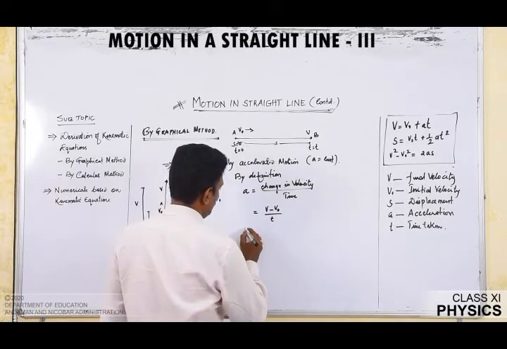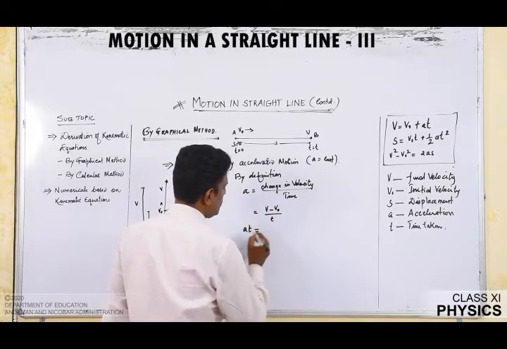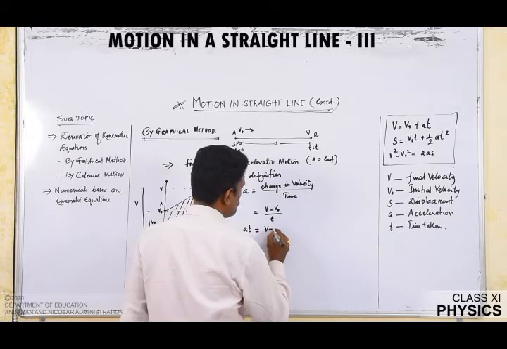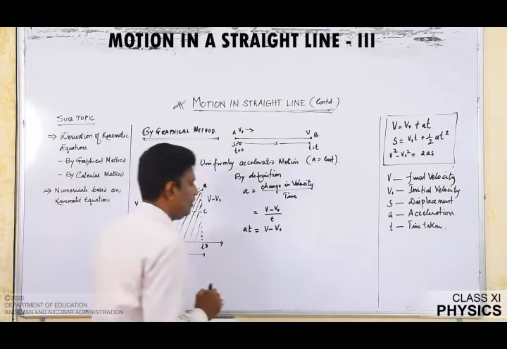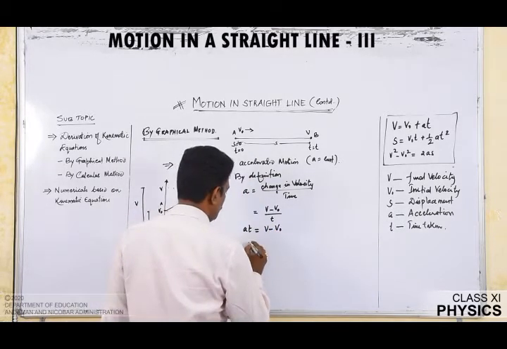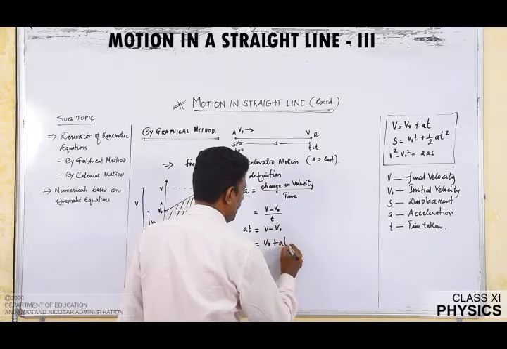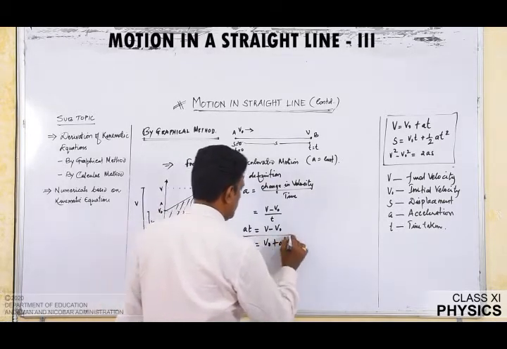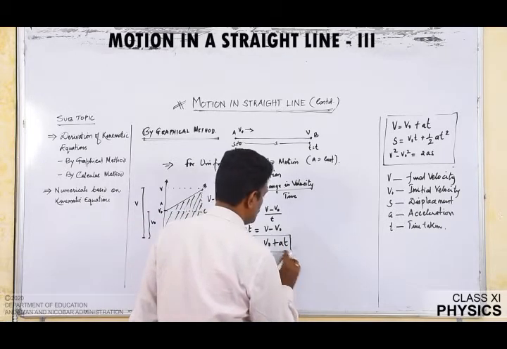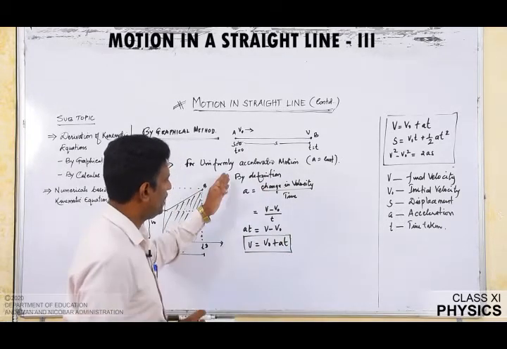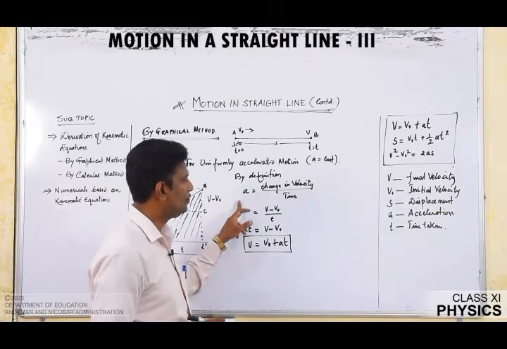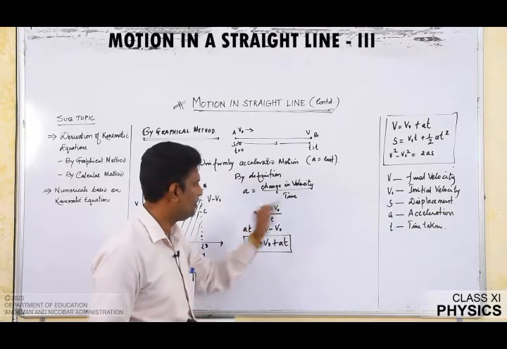So, further AT is equal to V minus V naught, or we can write V is equal to V naught plus AT. Thus, we arrived at the first equation. By definition A is equal to change in velocity by time.